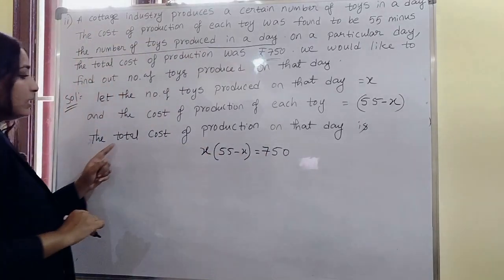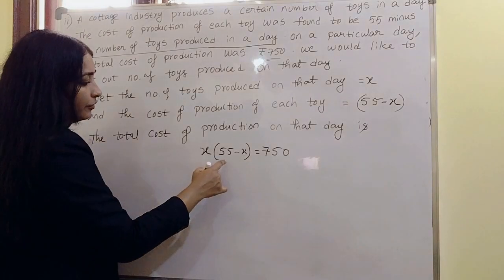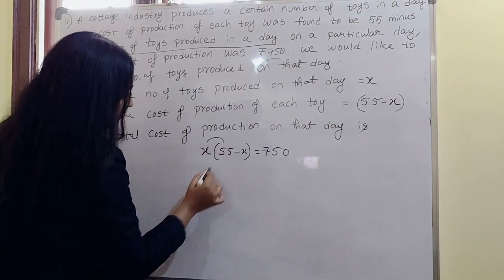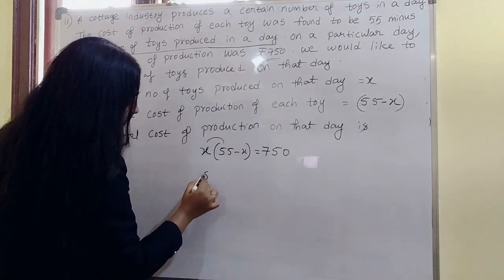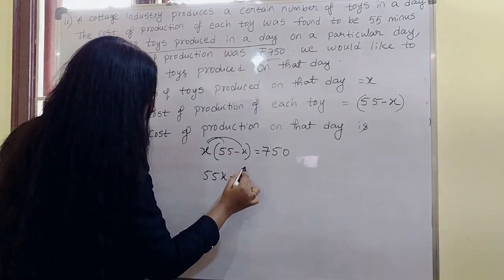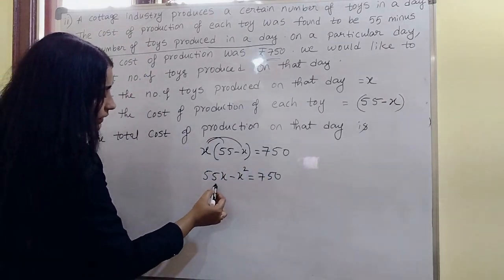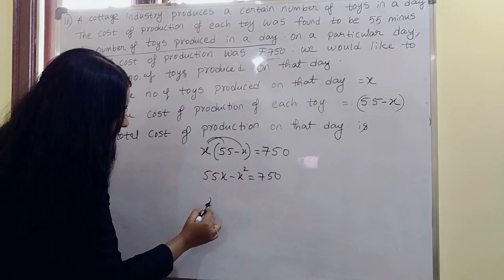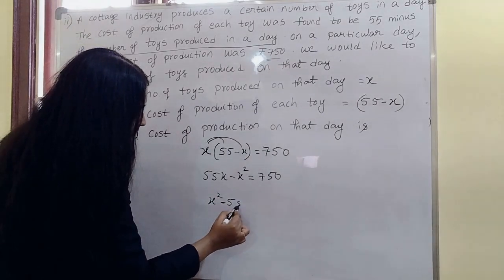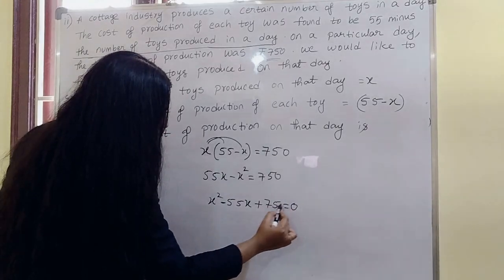Is it clear? The total cost of production on that particular day is X into 55 minus X is equal to 750 rupees. So you simplify 55 into X: 55X minus X into X, X square, is equal to 750. Okay, I am sending these two terms to that side. It becomes X square minus 55X plus 750 is equal to 0.